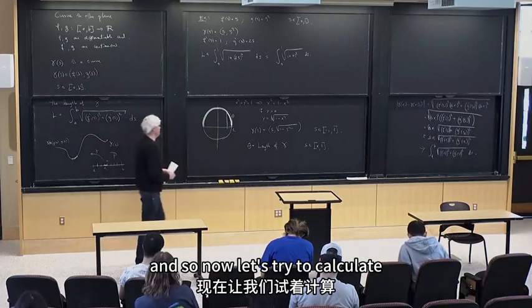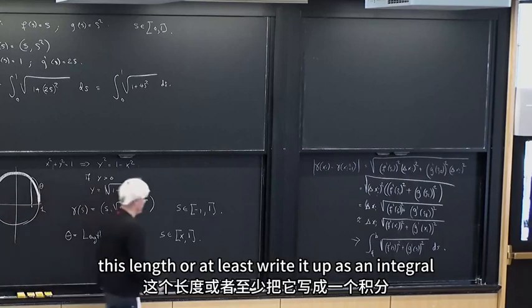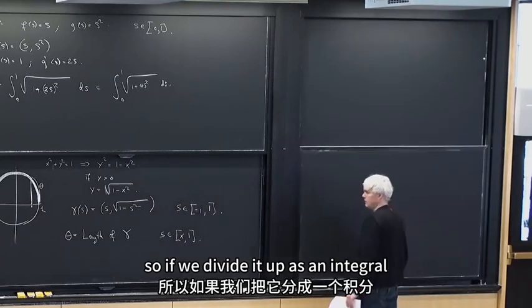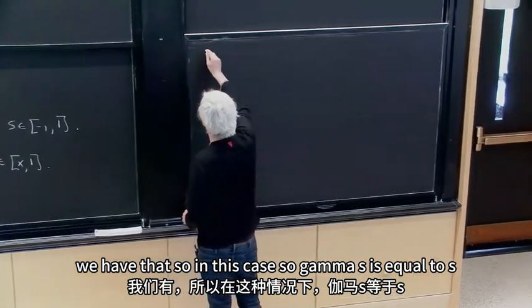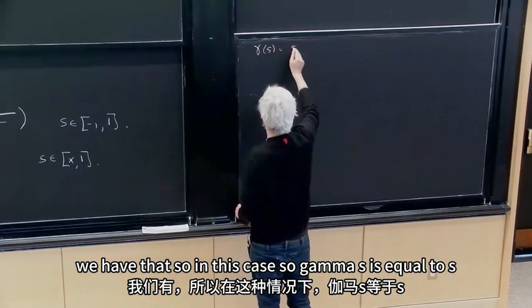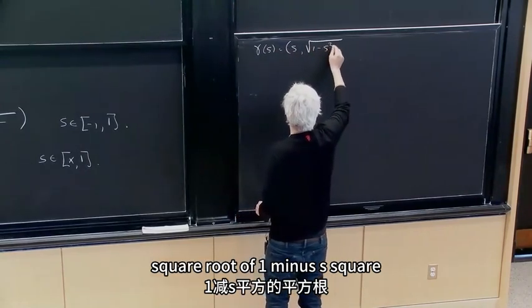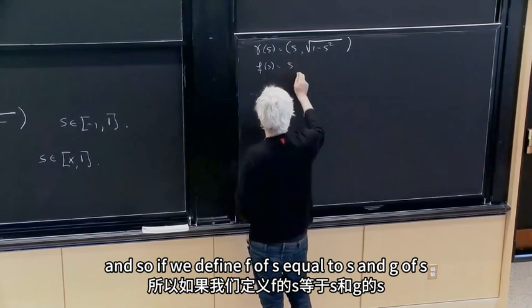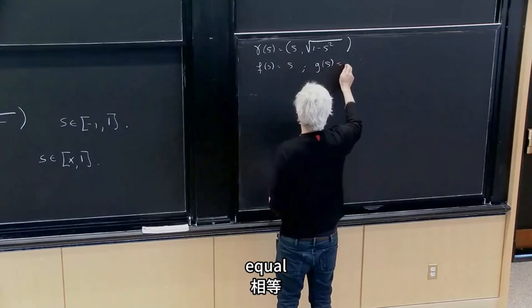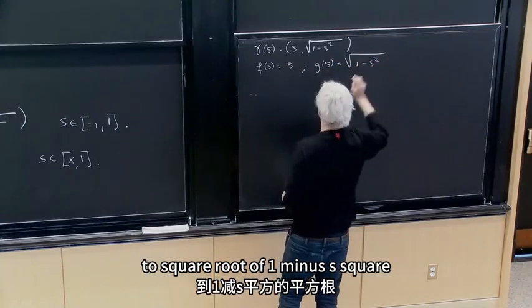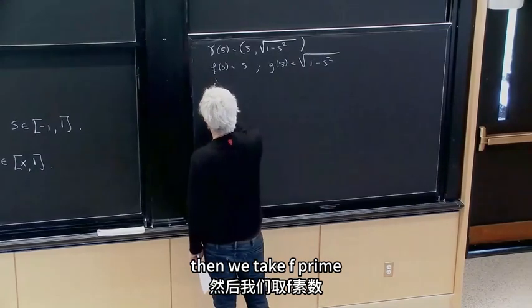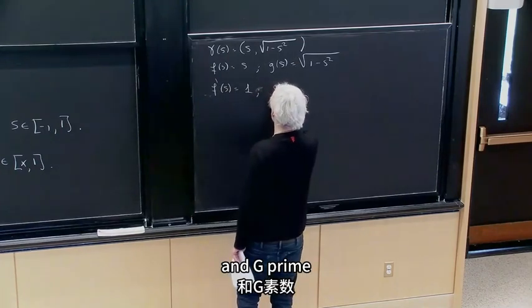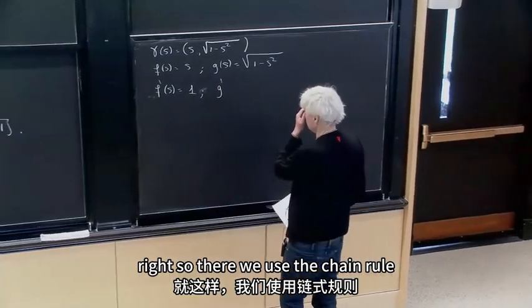And so now let's try to calculate this length, or at least write it up as an integral. In this case, gamma of s is equal to s, square root of 1 minus s squared. If we define f of s equal to s and g of s equal to the square root of 1 minus s squared, then f prime is equal to 1, and for g prime we use the chain rule.